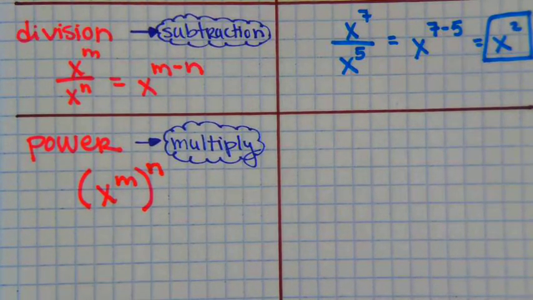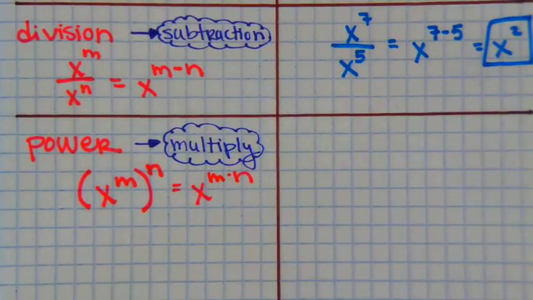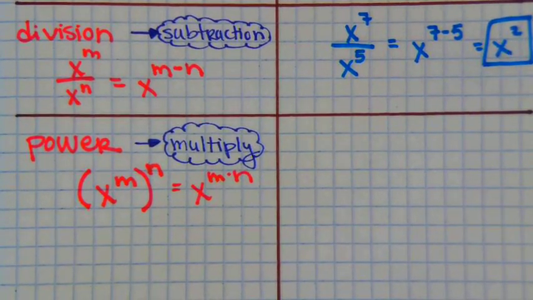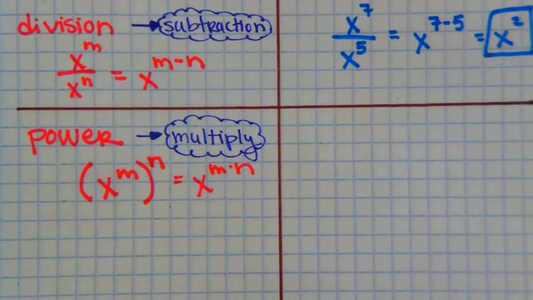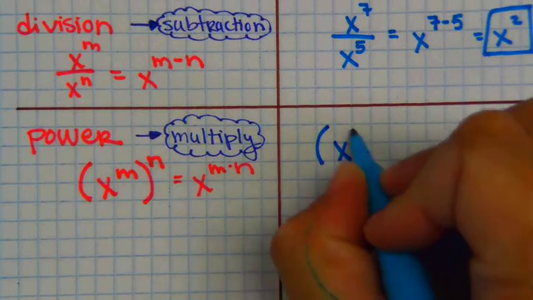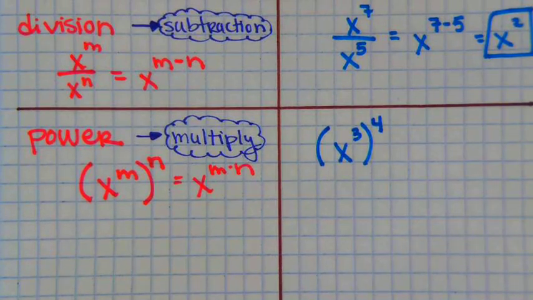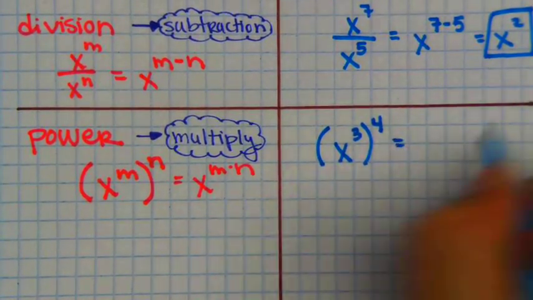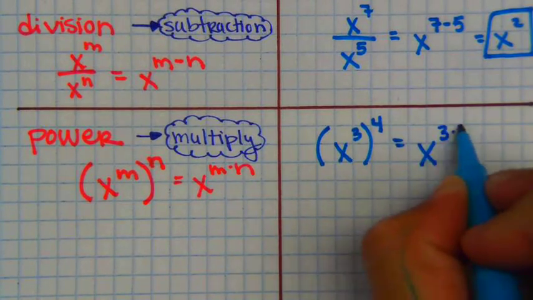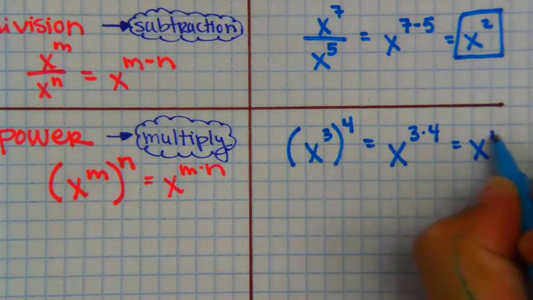You raise something to a power. And that would be x to the m times n. So for example, we'll do x to the third raised to the fourth, and that would equal x to the 3 times 4, which equals x to the 12th.